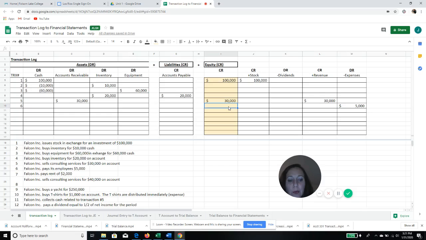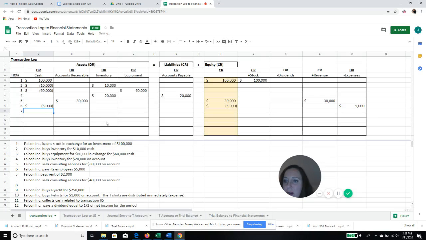So under equity, we're going to put negative $5,000. We're also going to decrease cash by $5,000 because when we pay our employees, we always pay them cash. So we have negative 5,000 on the left, negative 5,000 on the right, so we are in balance.